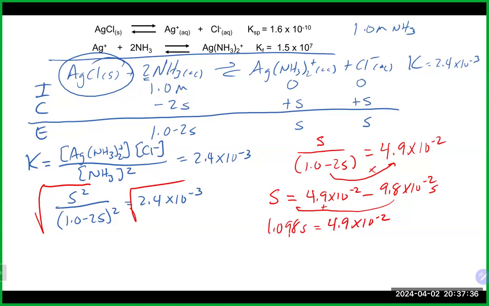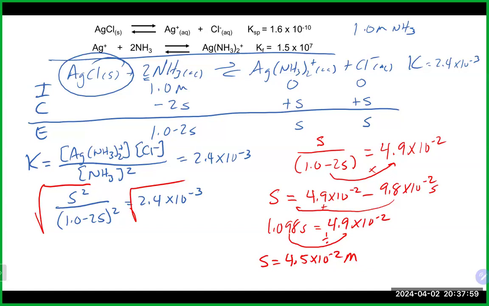Finally, dividing one last time, moving the number back to the other side: 4.9 times 10 to the minus 2 divided by that answer is going to get us an s of, we'll call it, 4.5 times 10 to the minus 2 molar.